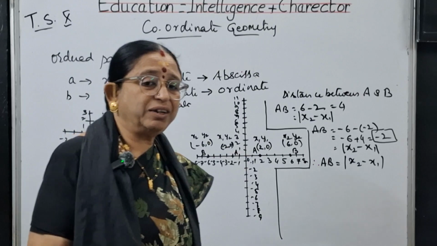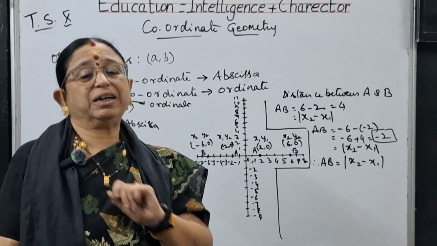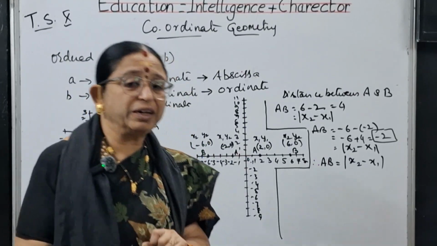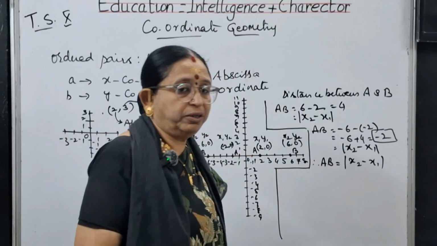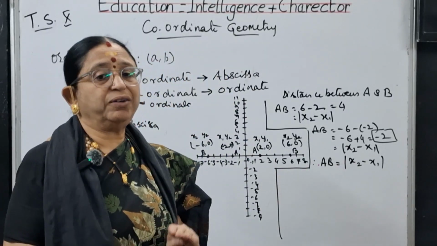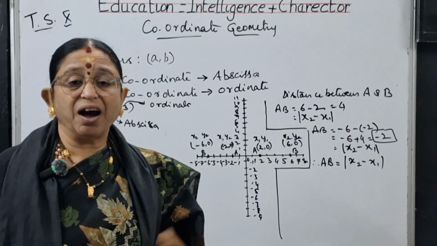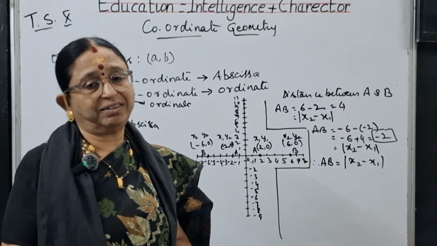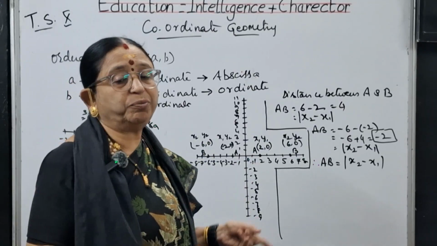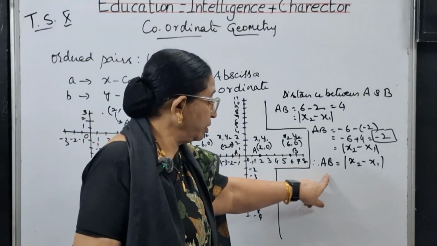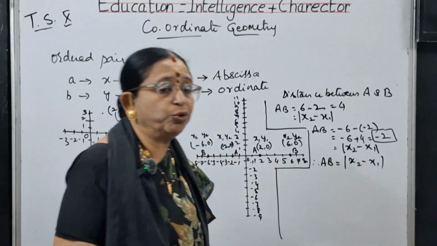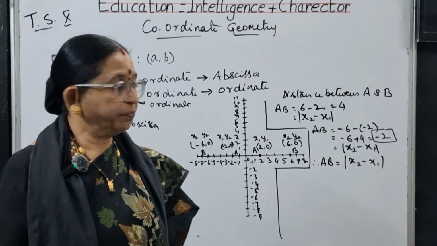Distance cannot be negative, so you have to take it as positive. That is why we are using this modulus formula. So if the given coordinates are on the x-axis, then the distance between 2 points can be identified by using the formula modulus x2 minus x1.